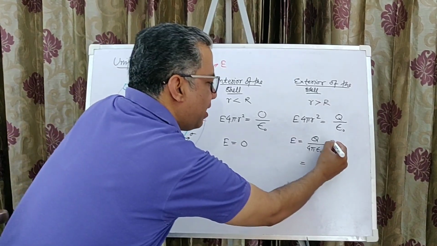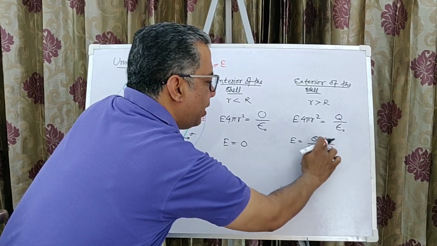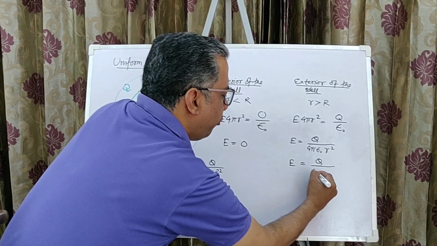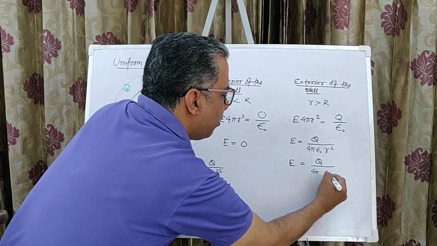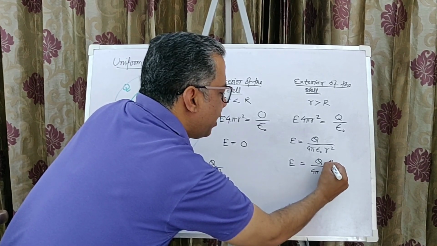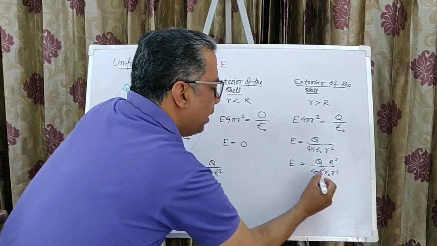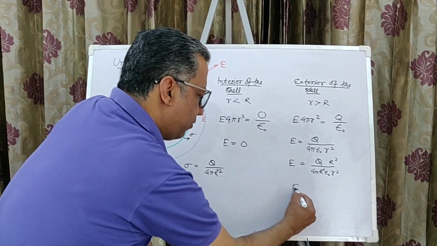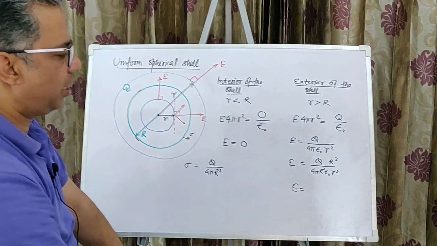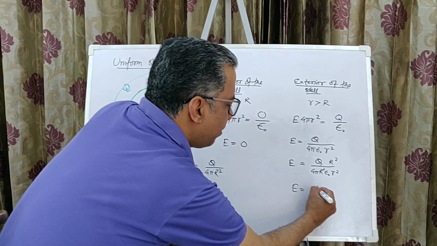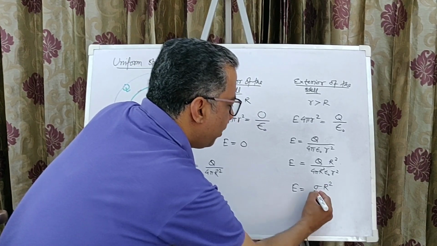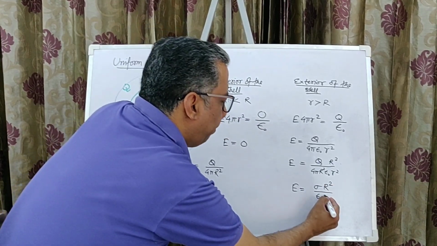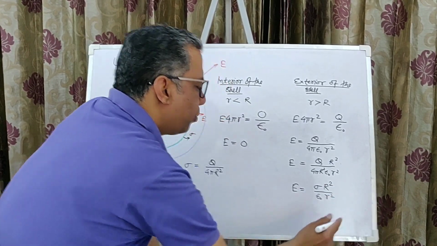So if you multiply and divide by capital R square over here in this result, E equals Q by 4 pi epsilon naught r square, multiply and divide by capital R square, and you can see sigma over here, and in terms of sigma, therefore this result will be sigma times capital R square by epsilon naught into small r square.